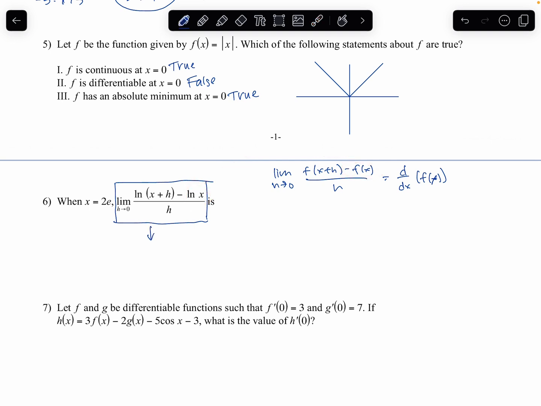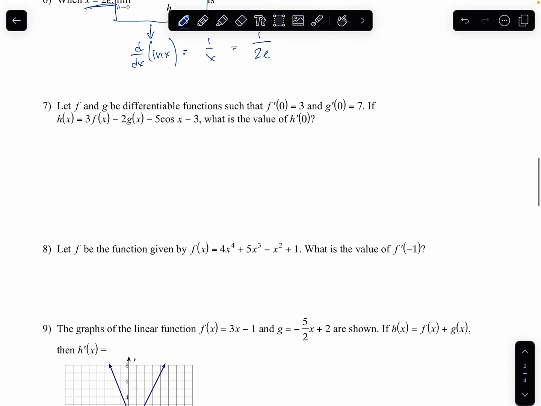This means d/dx of the natural log of x, and that is equal to 1 over x. So then what is this going to be at x equals 2e? It's going to be equal to 1 over 2e. There you go.